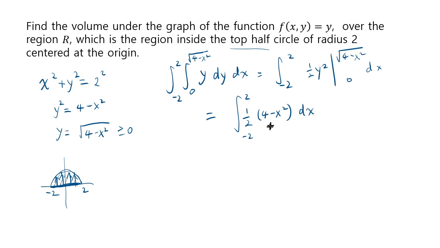Now, you could just integrate like this, but I'd like to use the fact that 4 and x squared are even functions. If you're integrating an even function over a symmetric domain, you can just integrate from 0 to 2 and double the integral.